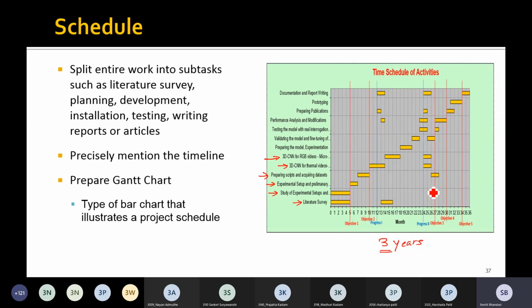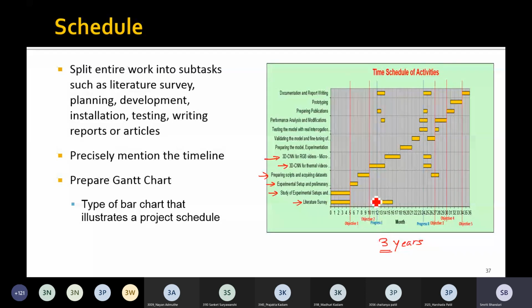So this is how we should come up with a Gantt chart showing the timeline for our project. Now please see what else we can do. We have mentioned our objectives earlier, so we may also show when we are going to achieve objective number 1 and when we are going to achieve objective number 2.